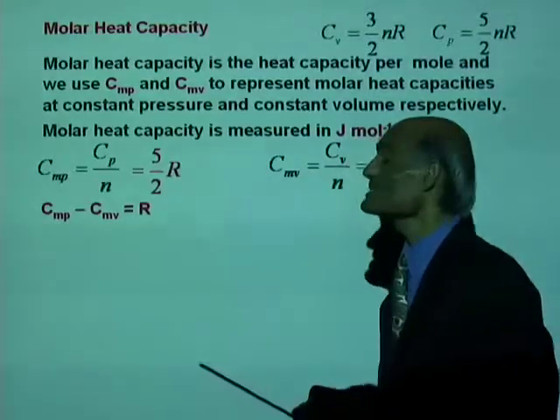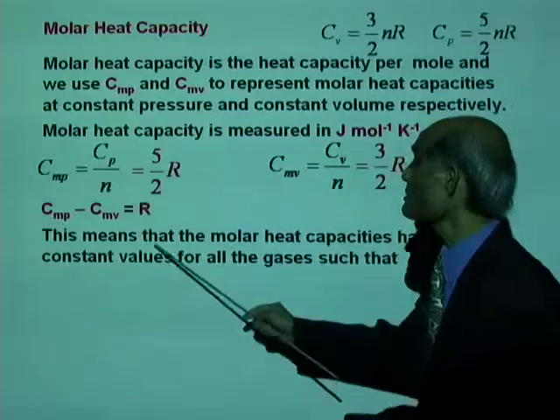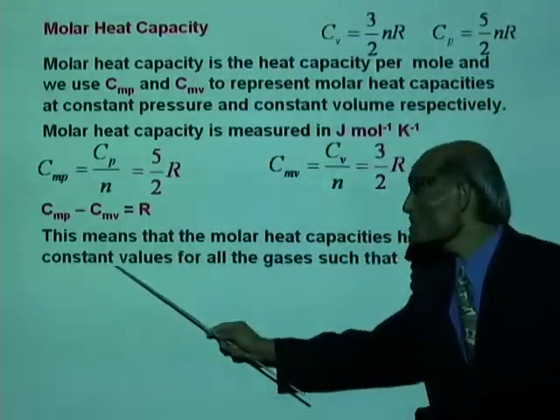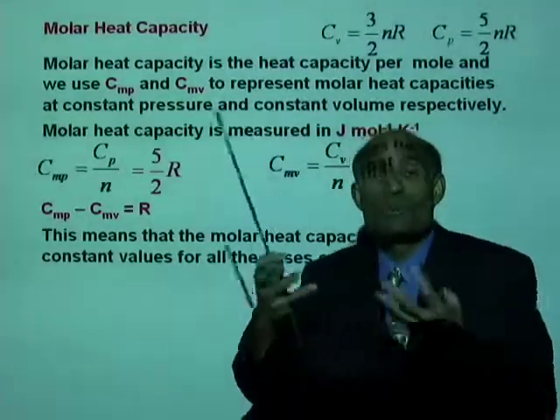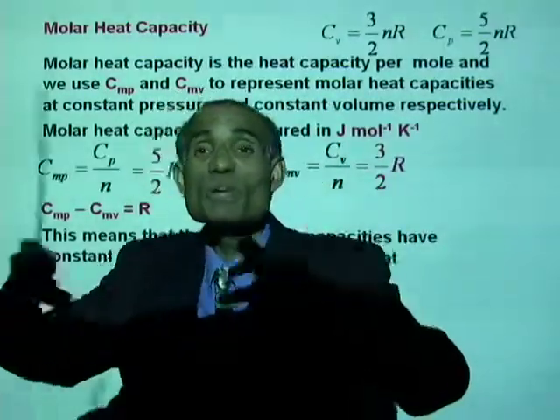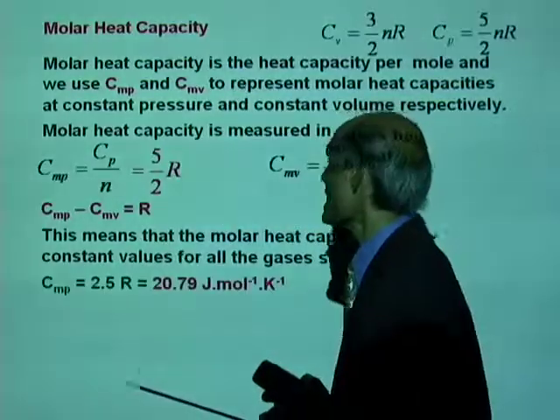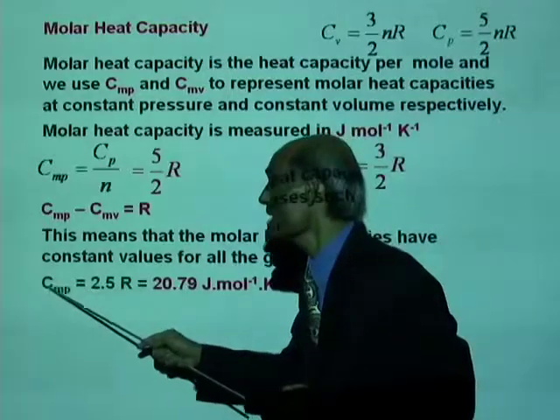Cmp minus Cmv must be equal to R. Now this means that molar heat capacities have constant values for all gases. There is no difference between the values of Cmp and Cmv for any gas. They all will have the same value. And what will be that value?